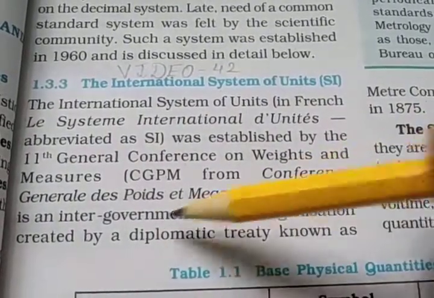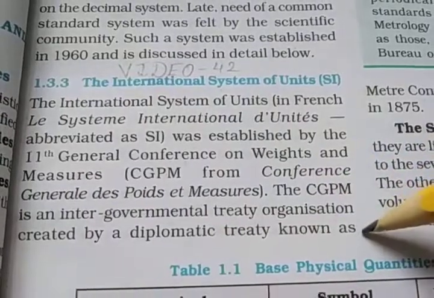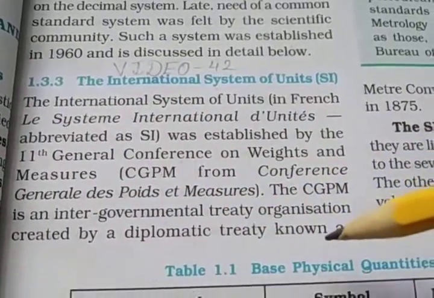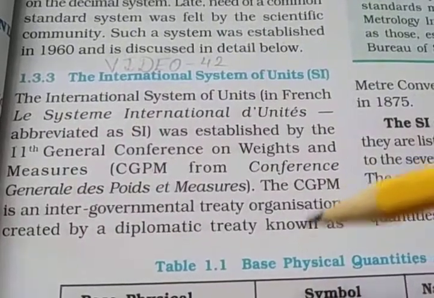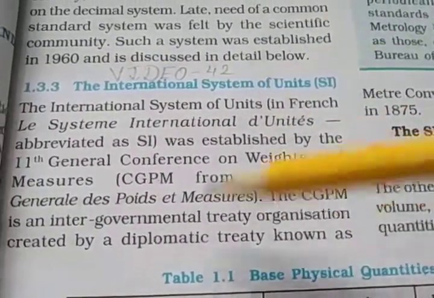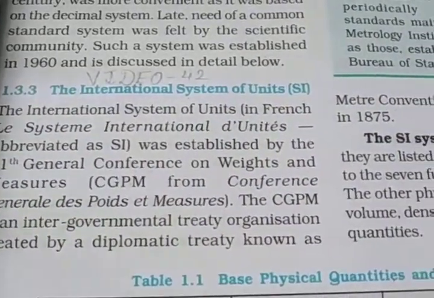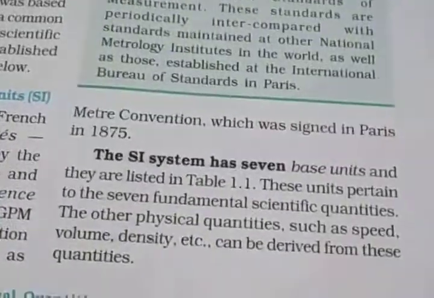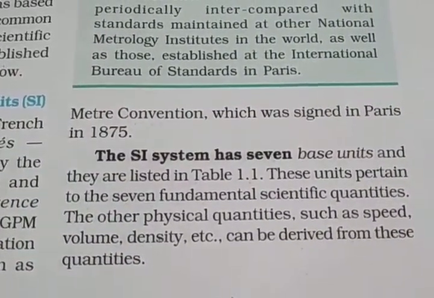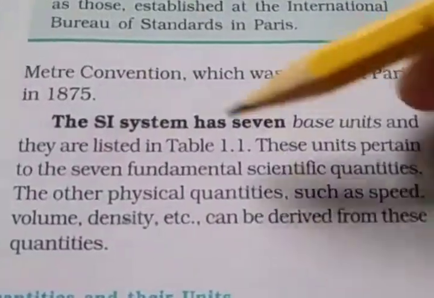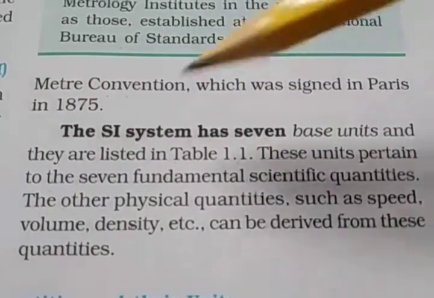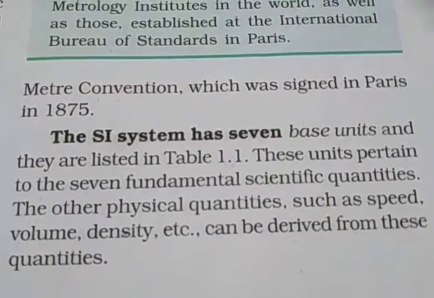It is an intergovernmental treaty organization created by a diplomatic treaty known as the Meter Convention, which was signed in Paris in 1875.